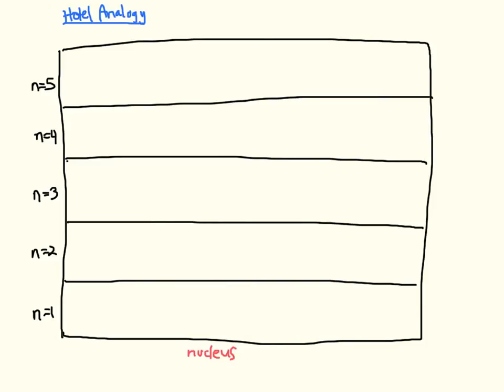All right, so floor number 1, n equals 1, is like the first energy level of an atom. It essentially has one room, and that room is the S room. And in that room is a bed. And on that bed, 2 people can sleep. Now, in this case, it's not people, it's electrons. So these little arrows that I've drawn, there's an up arrow and a down arrow.